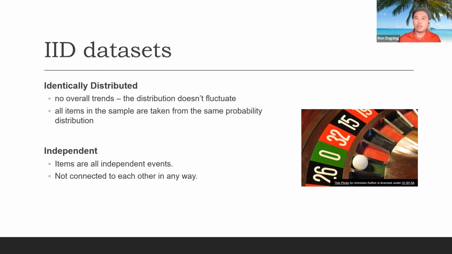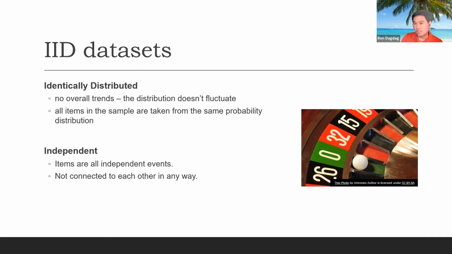It's also not dependent on the previous readings. Like in the roulette case, you throw the ball every time you measure. It gets thrown every time, so it does not depend on the previous one.